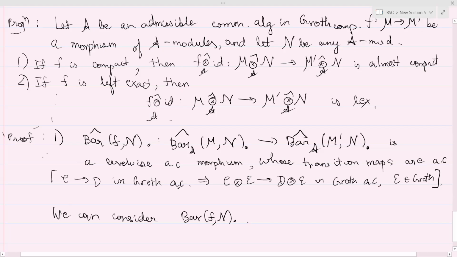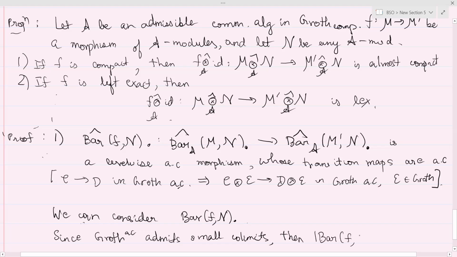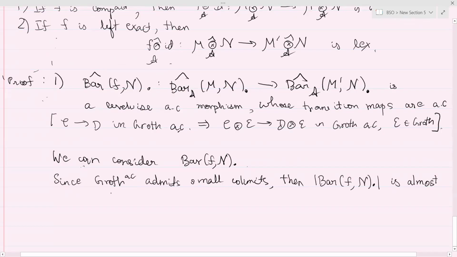Using the same fact, since Groth AC admits all small colimits, the realization of bar Fn exists, and that is also almost compact.